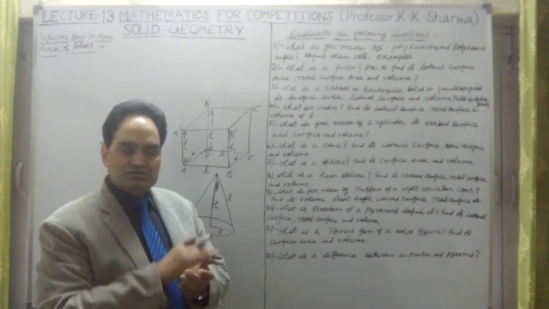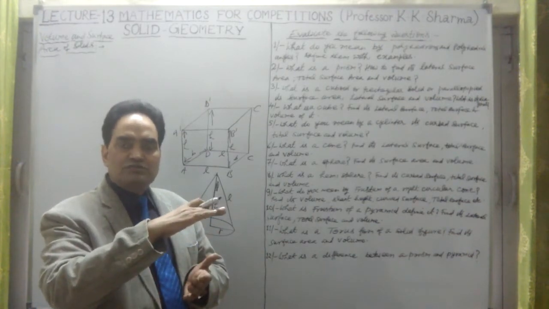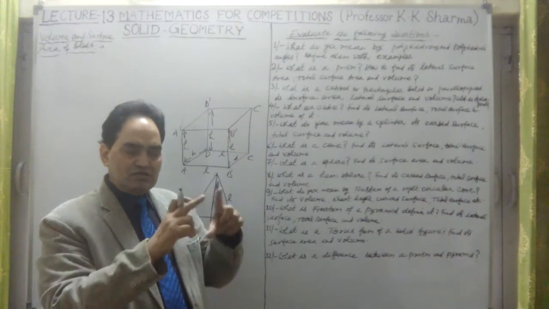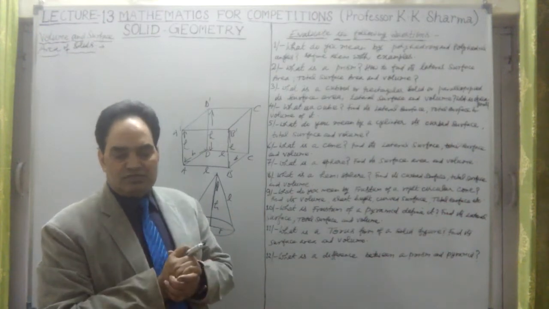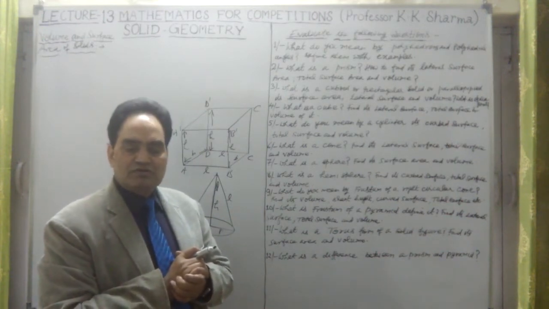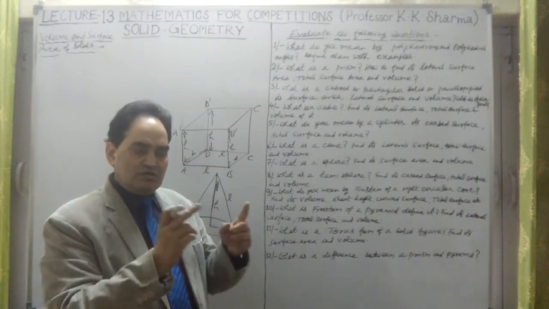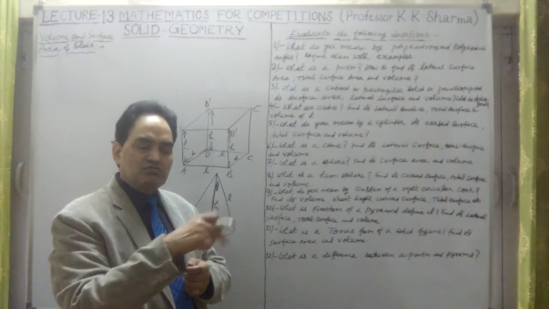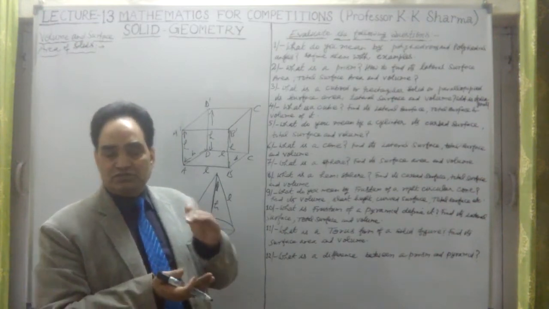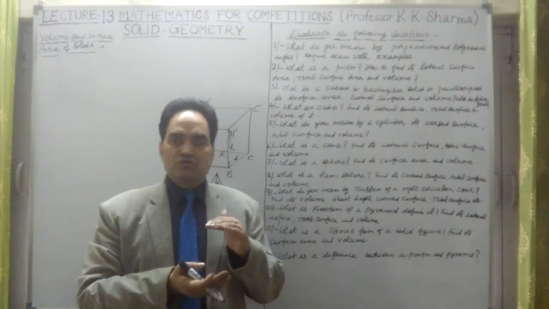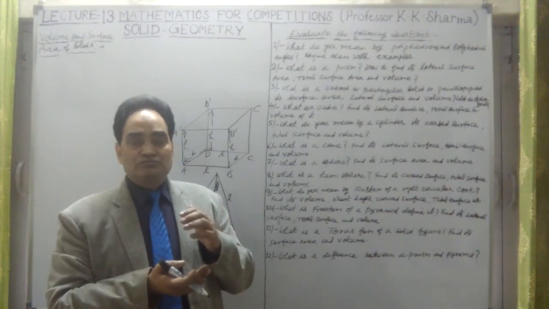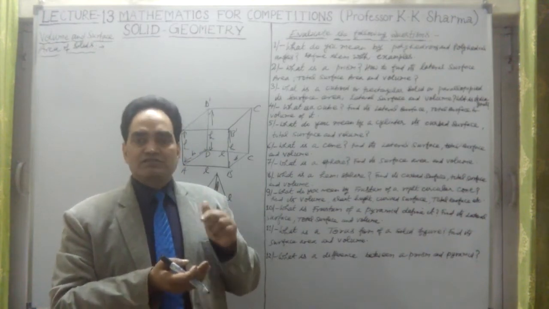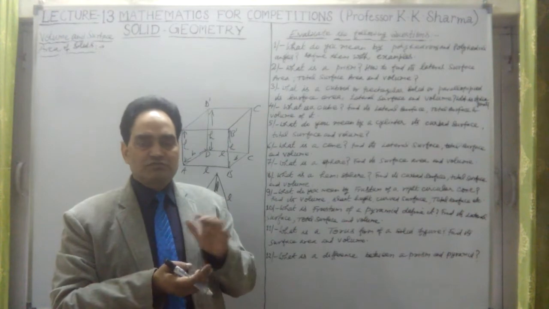Those frustums are also known as truncated prism, truncated pyramid, truncated cone. Truncated means when a portion of that cone is cut. If I take the example of a truncated cone, it is like a bucket in a house. That is a circular form. A bucket is the shape of a truncated cone, or a part of a cone, known as a frustum of a cone.